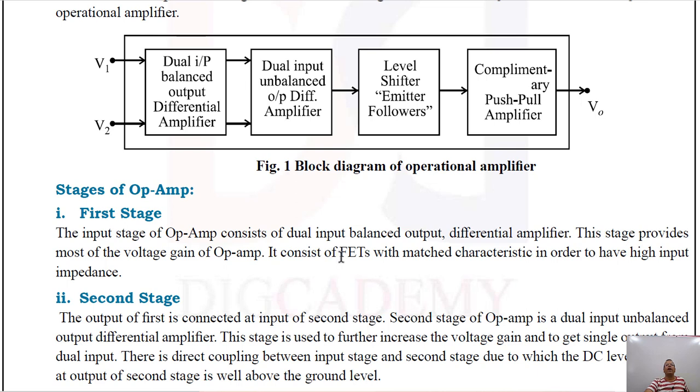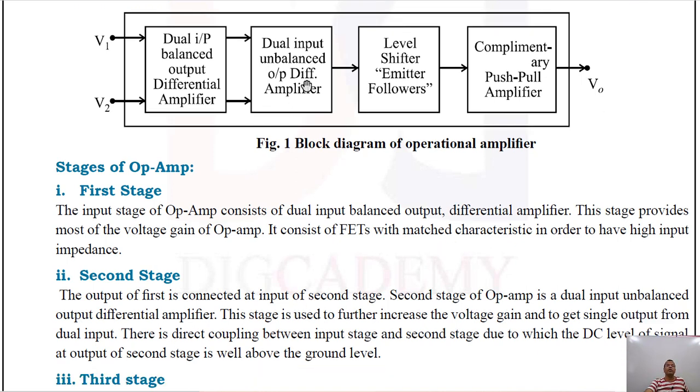It consists of FETs, MOSFETs or BJTs also with matched characteristics. It means both devices of the differential amplifier at the input stage are matched with each other in order to have a high input impedance of the amplifier.